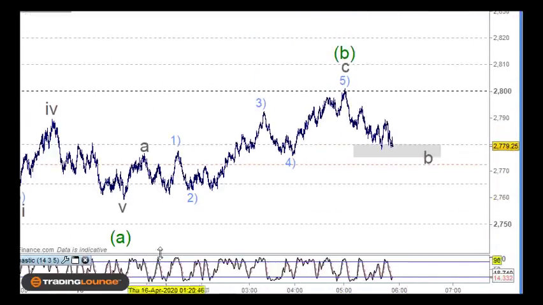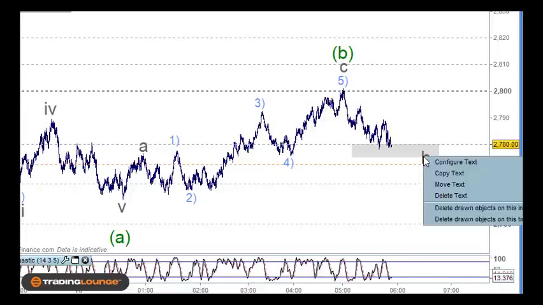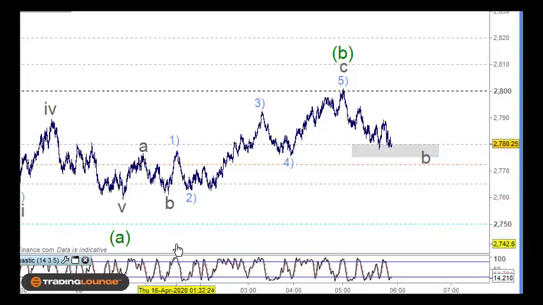So from the low here, I'm just calling it wave A, it could be anything. So wave A, wave B here, an A and a B, and then 1, 2, 3, 4, 5 for C of B. So we can finish at that point.